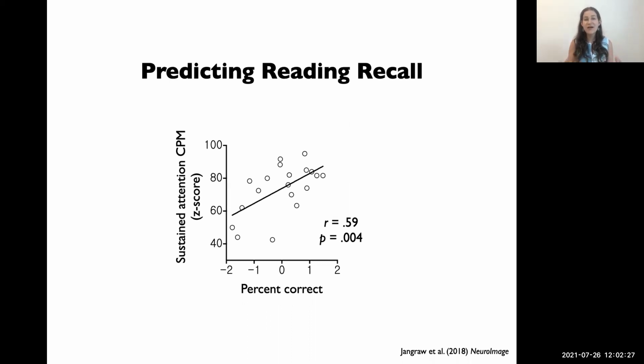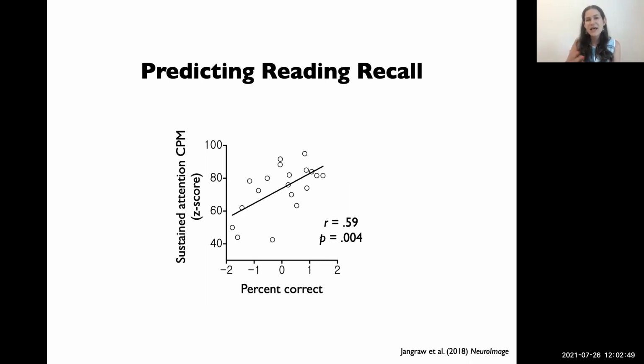Now, this is some evidence, right, that our attentional state during reading has consequences for what we later remember, but it could also be explained, from an individual differences perspective, that people who tend to pay attention more during scanning tend to also remember more, just in general, whenever given a recall test.